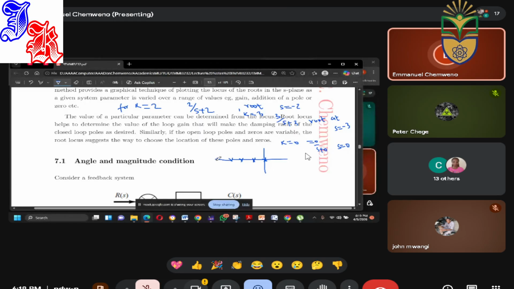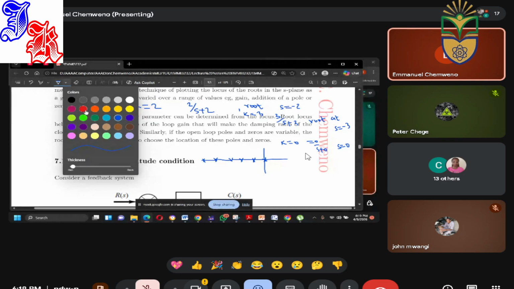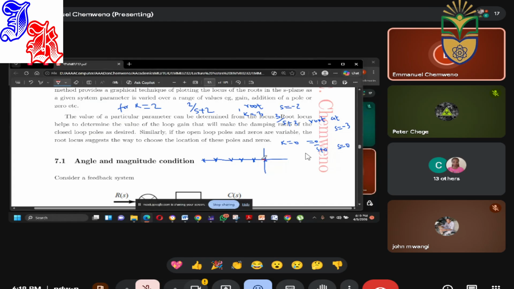All the way as you keep on increasing K, the roots take, as K increases, the position of the pole takes this continuous line. If you join these lines, it becomes a locus or path of the pole.